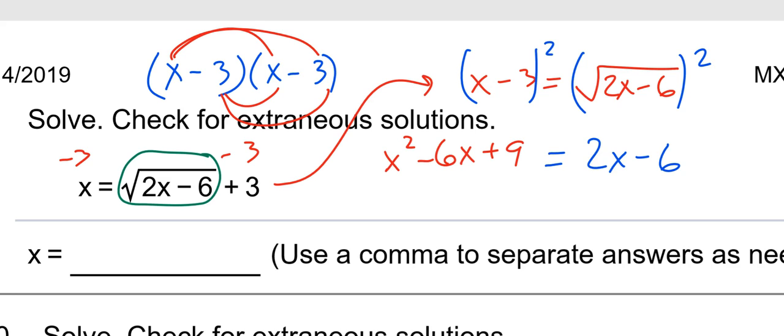You should at least have this on your left side: x squared minus 6x plus 9. Anybody not understand how we got the left side so far? Because if you don't understand that, I want to help before we move on.